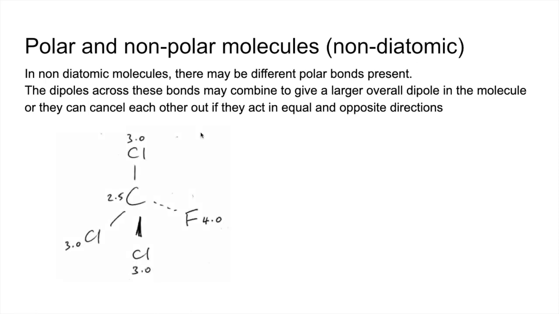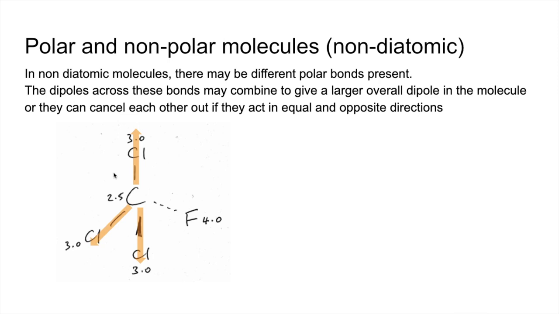So in the case of something like this, trichlorofluoromethane, we've got C-Cl bonds which are polar obviously because of the electronegativity difference. We've also got a C-F bond which is also polar. Those three C-Cl dipoles are all going to be identical in magnitude, operating in the directions shown by the arrows.